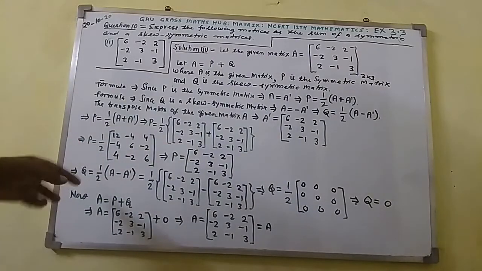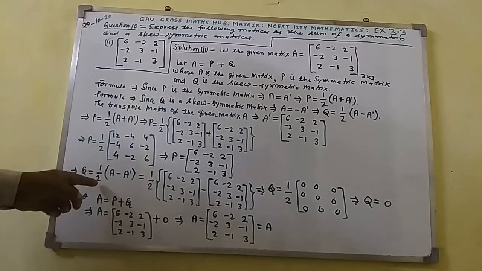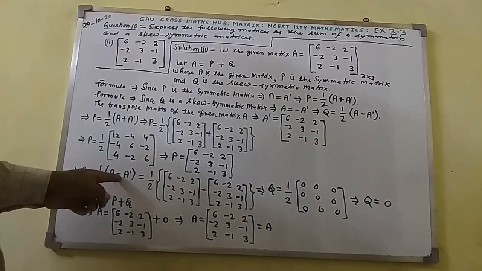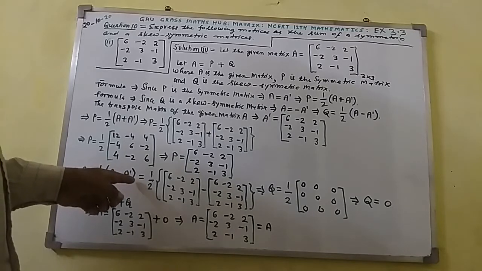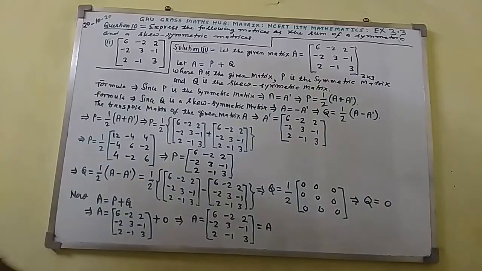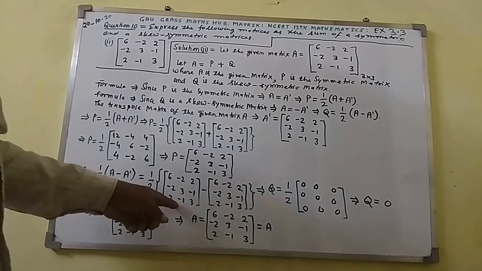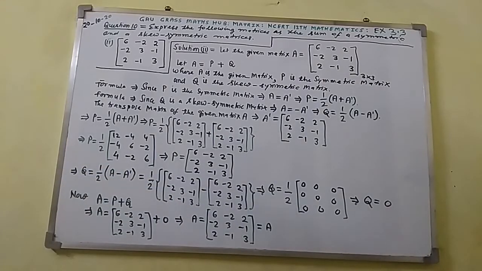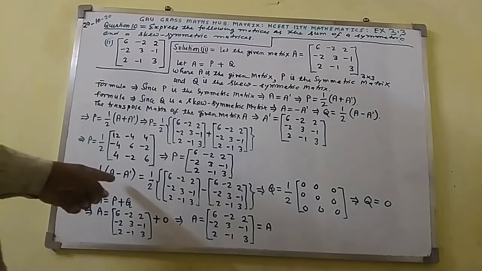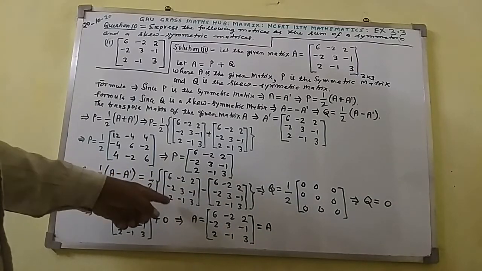Now Q, in a similar way: Q equals 1 over 2 in bracket A minus the transpose of A, A dash. 1 over 2, the given matrix, minus the transpose of the given matrix.